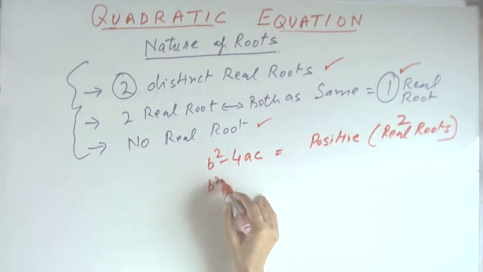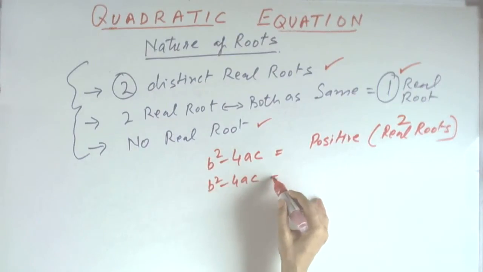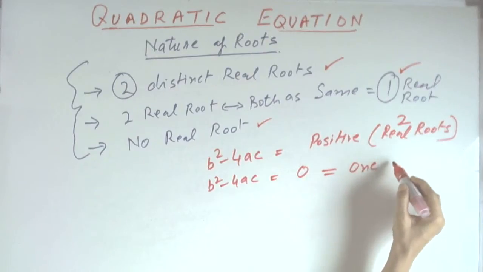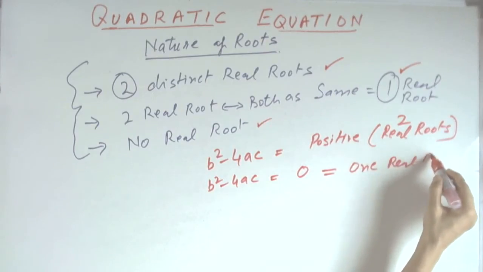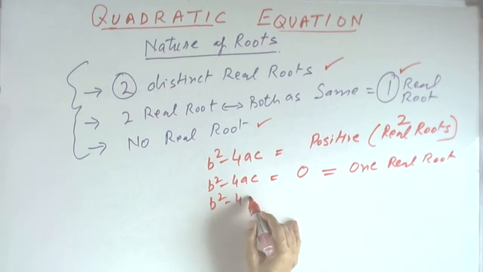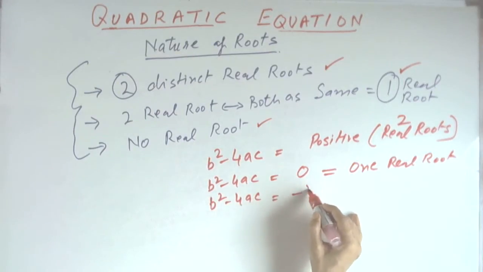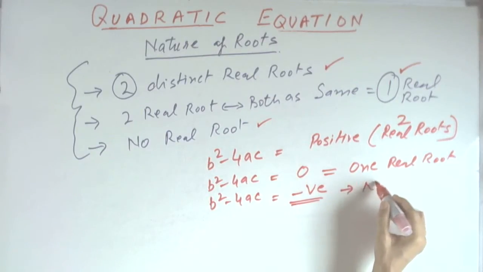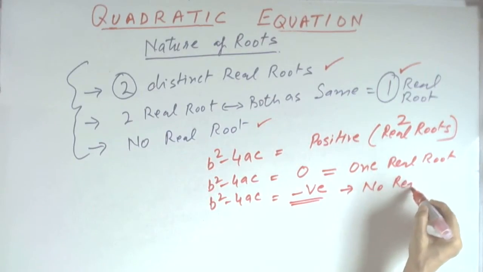If b square minus 4ac equal to 0, then it means one real root. And if b square minus 4ac is negative, then it means no real root.